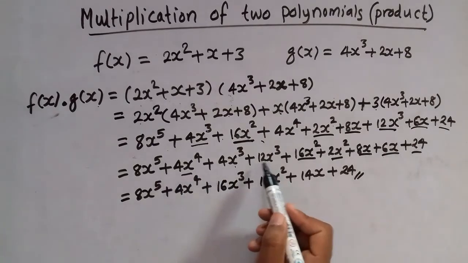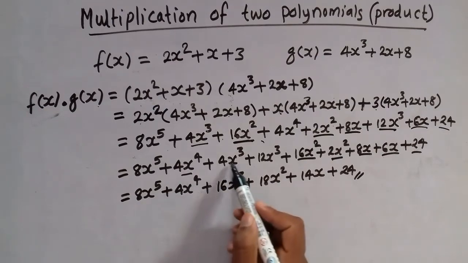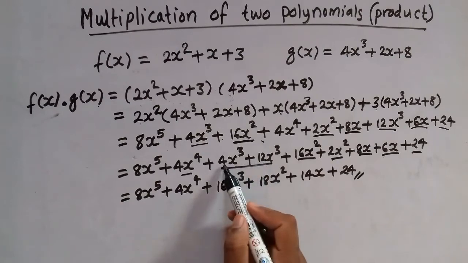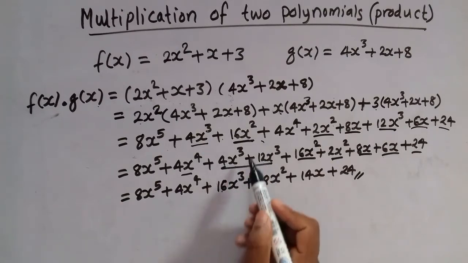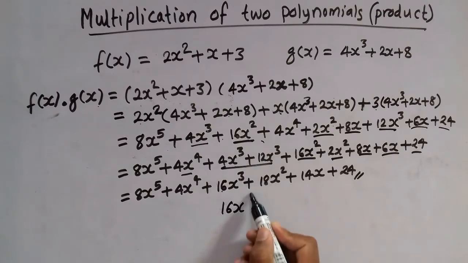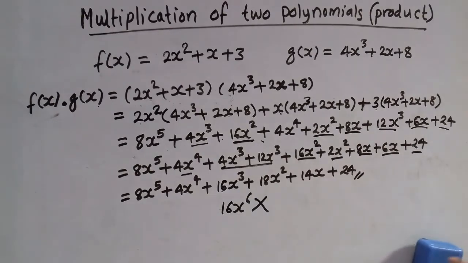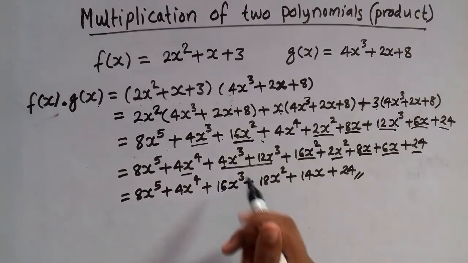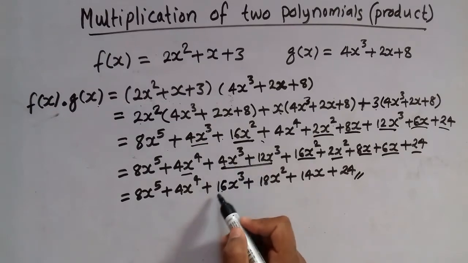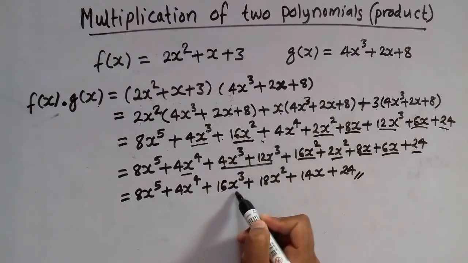Now we have to add like terms. This and these are not like terms, so it is written as it is. These two are like terms, so we have to add their coefficients. 12 plus 4 is 16. Do not write this like 16 x power 6. This is wrong. Some students do like this. We have to only add their coefficients. 12 plus 4 is 16 and the variable will be written as it is.